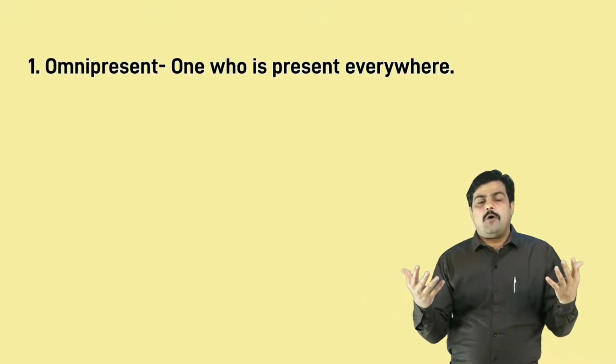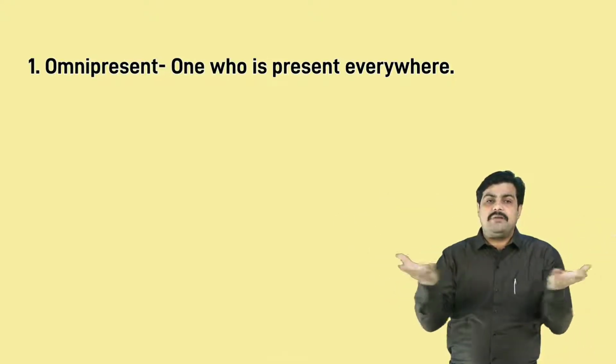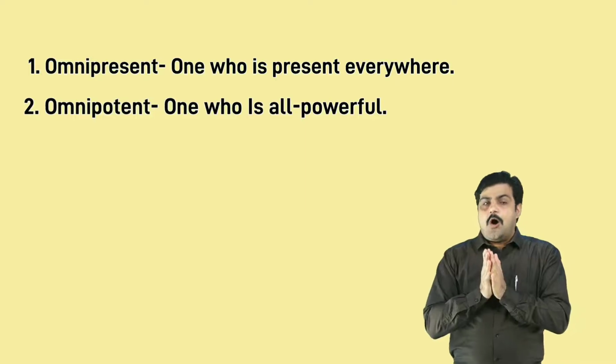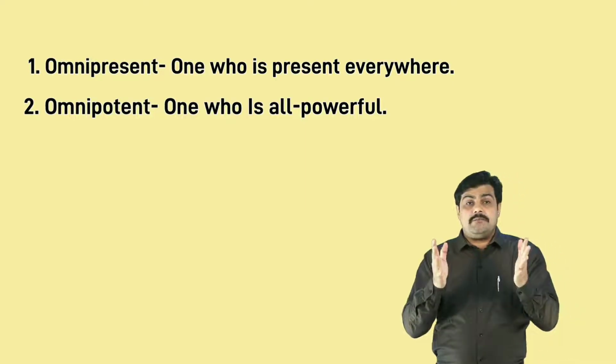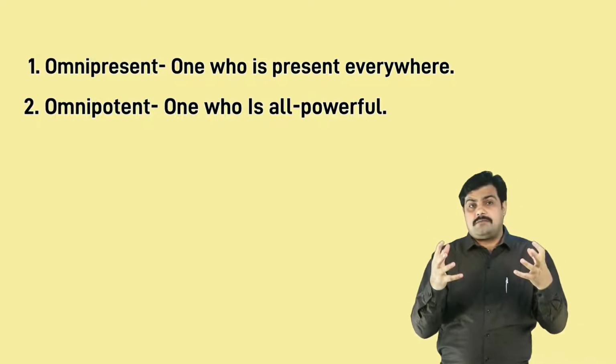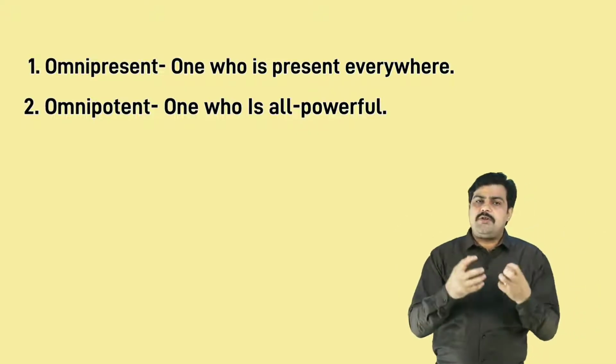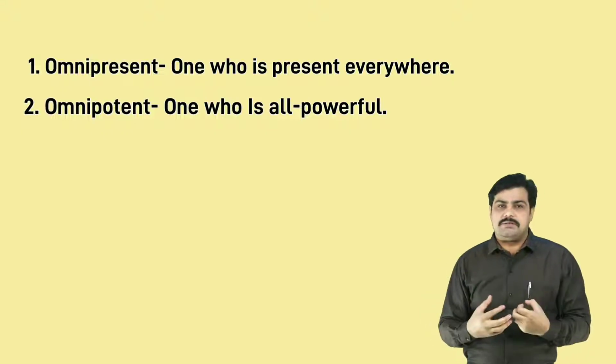Now omni means all and present means present. This is simple. So omnipresent is one who is present everywhere. Another is omnipotent. Potent means potential, means power. One who is all powerful is known as omnipotent.